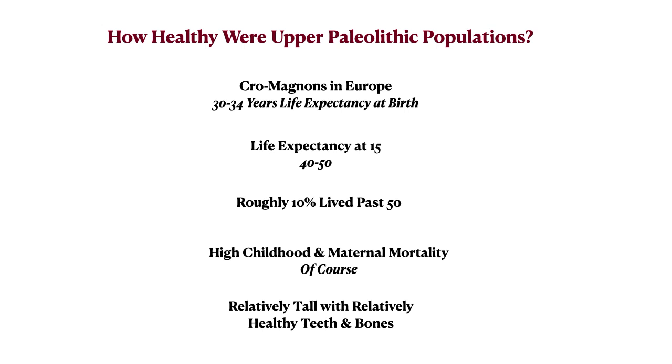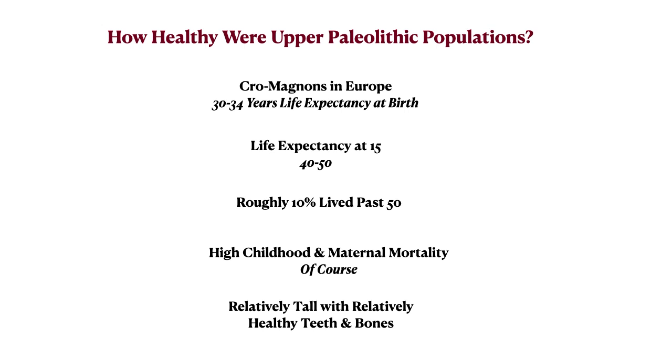The life expectancy at 15, if you could live to be 15, would be about 40 to 50. So there was a lot of childhood and infant mortality, as was true everywhere, all populations up until modern times with modern medicine. Our species is kind of uniquely vulnerable in that we have such high rates of maternal death, with women dying in childbirth, and of death of infants.